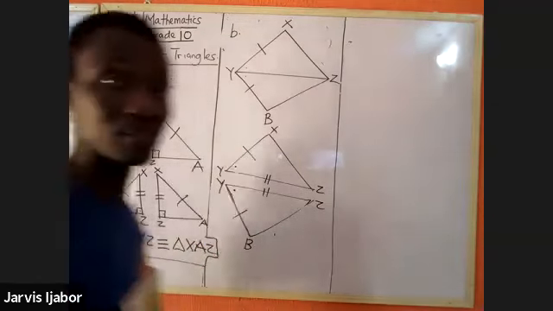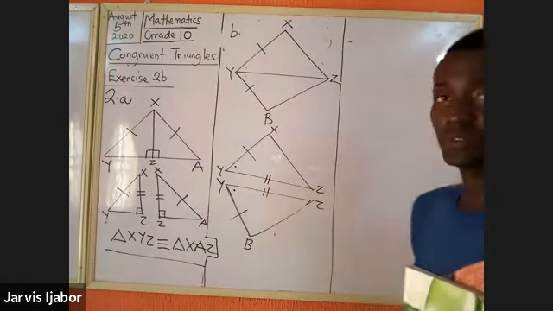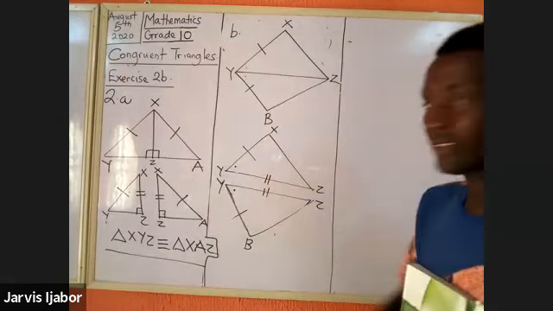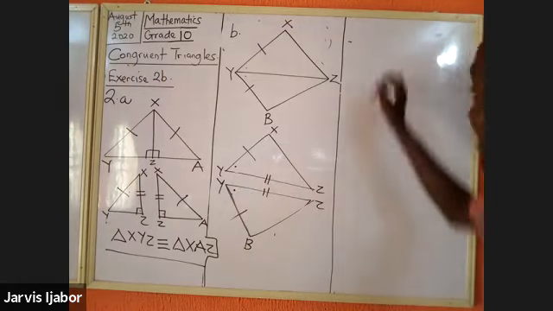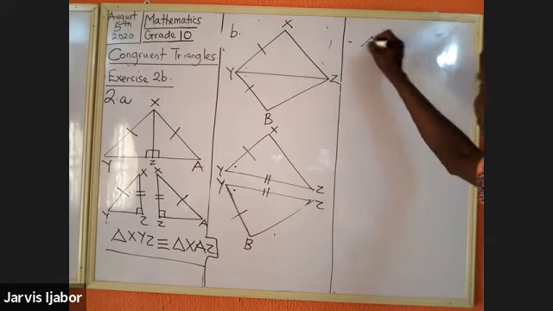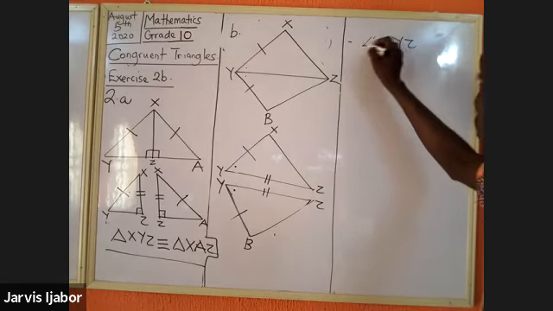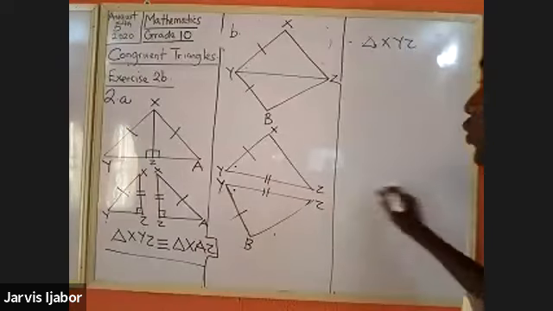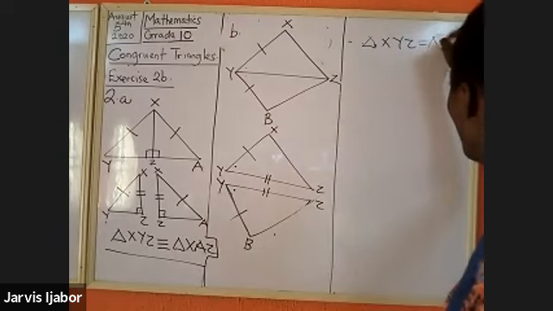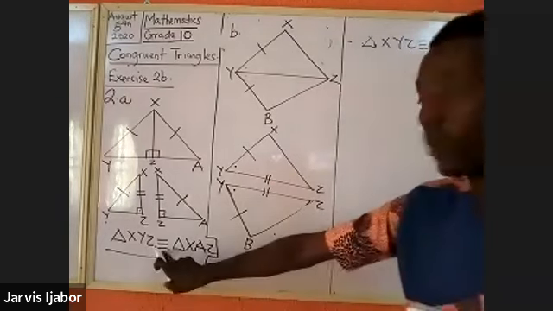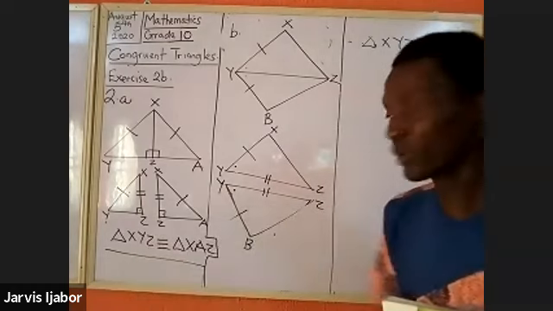Now for congruency, look at it. These two sides are equal. This side is equal to this side. This angle is equal to this angle. So now let's look at triangle X, Y, Z. Triangle XYZ will be equal to triangle B. Three equalities, three strokes here, as you may call them.